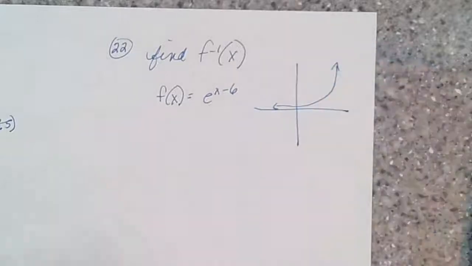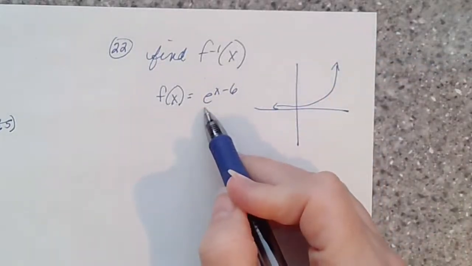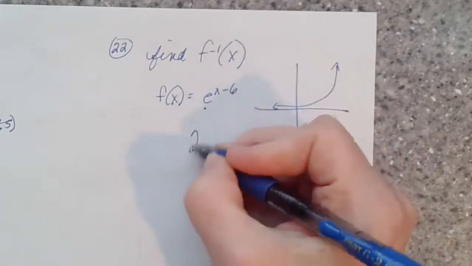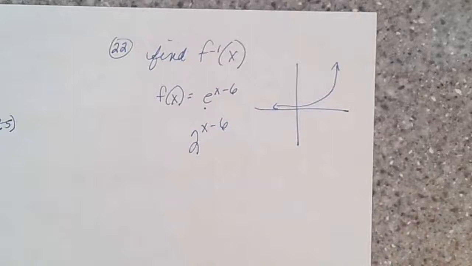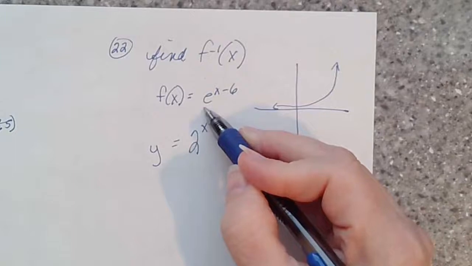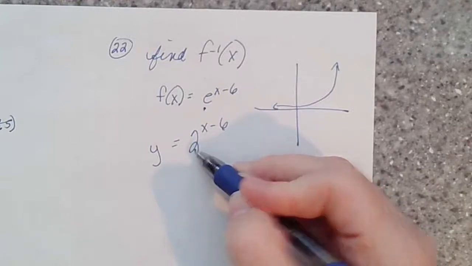Now it is an exponential function. We saw that earlier in the chapter. e is almost 2, so it's very close to the equation y equals 2 to the x minus 6. Remember, e is about 2.718. It's not exactly 2, but it's around 2, 2.5, 3. It's going to look similar to 2 to the x minus 6.